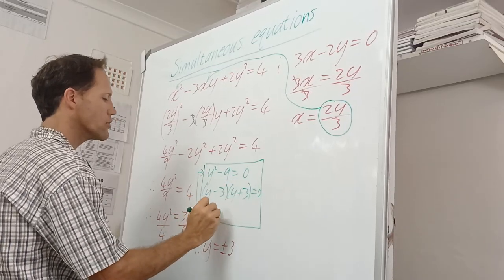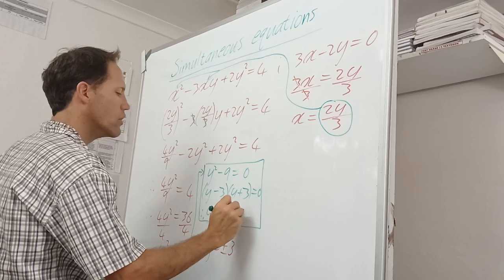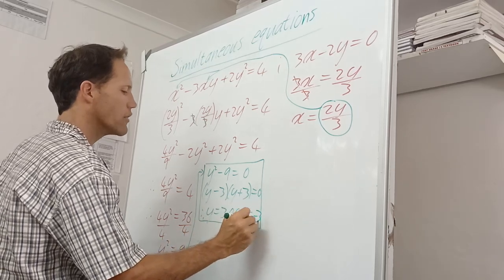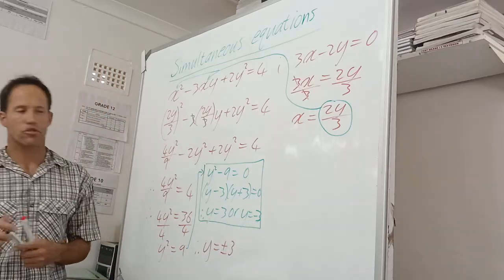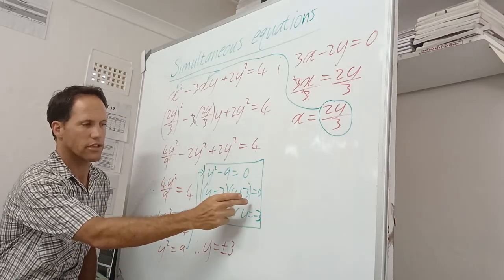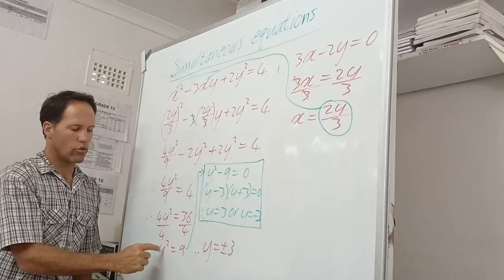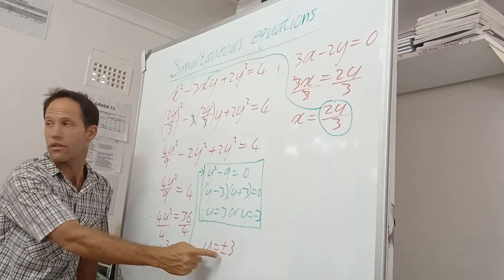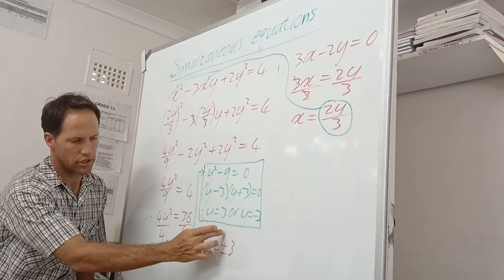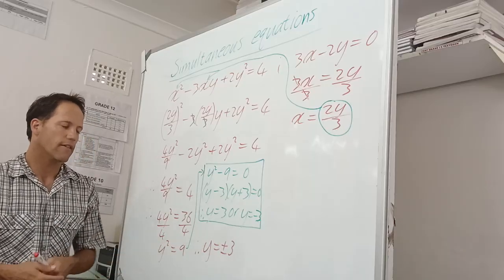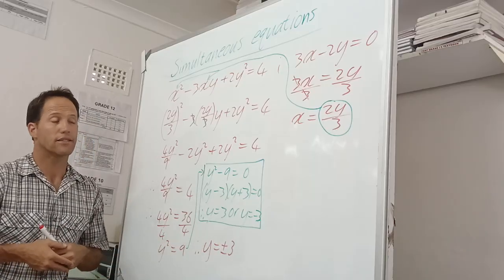Therefore, y is equal to 3, or y is equal to negative 3. Okay, so that was another way. Use the difference of squares. y minus 3, y plus 3, 3 or negative 3. Or you can just, from here, go straight to the answer. y to plus minus 3. Just get the square root and put in the plus minus. That's also fine. Okay, so that's y.